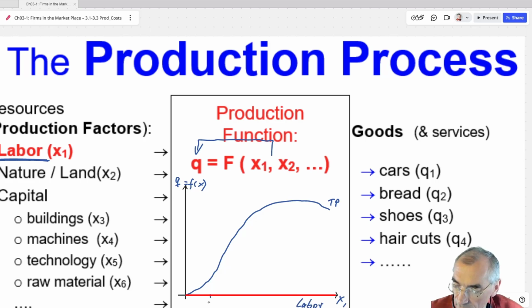So we could say 1 worker, 2 workers, 3 employees, 4, 5, and so on. And the more workers, the more employees we employ, the higher, first of all, the output, and then this increase in output goes down. This is something what we call the diminishing returns to scale. So that's one argument here.